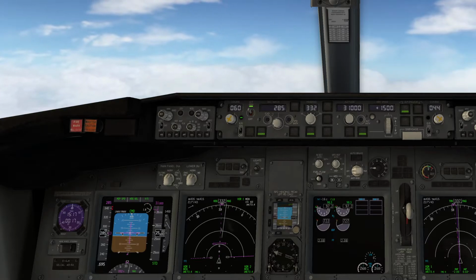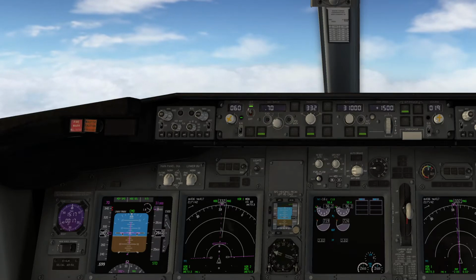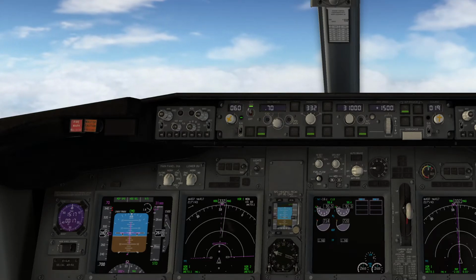In fact, we do not track the radial. We will switch to the 019 degrees when the interception occurs, so watch for the needle to come.